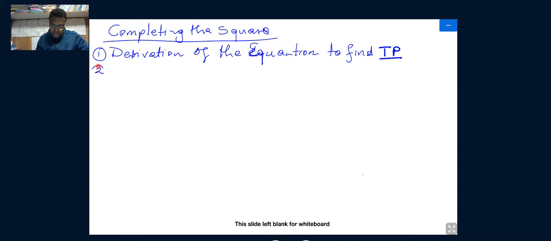Number 2, still the derivation of the quadratic formula.